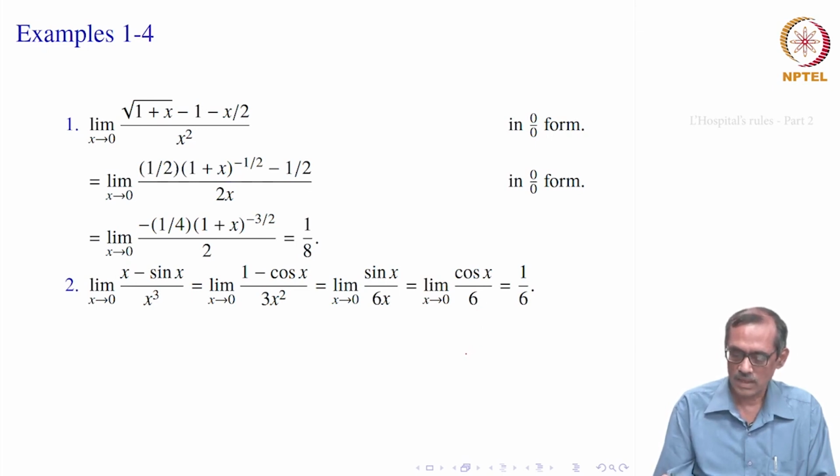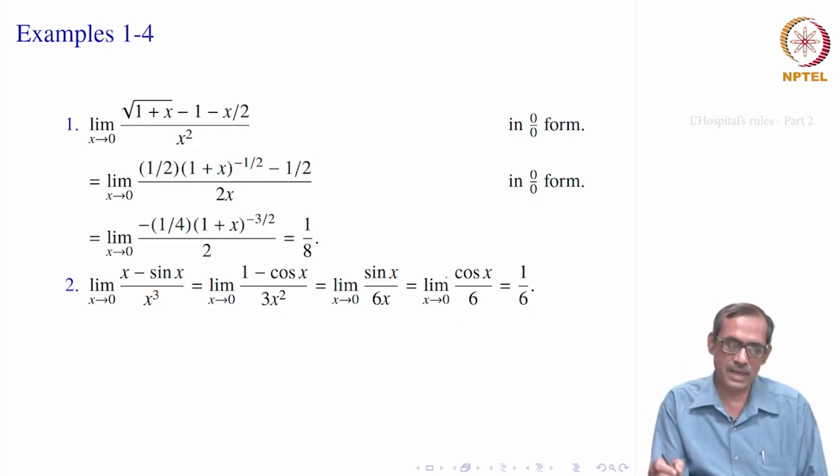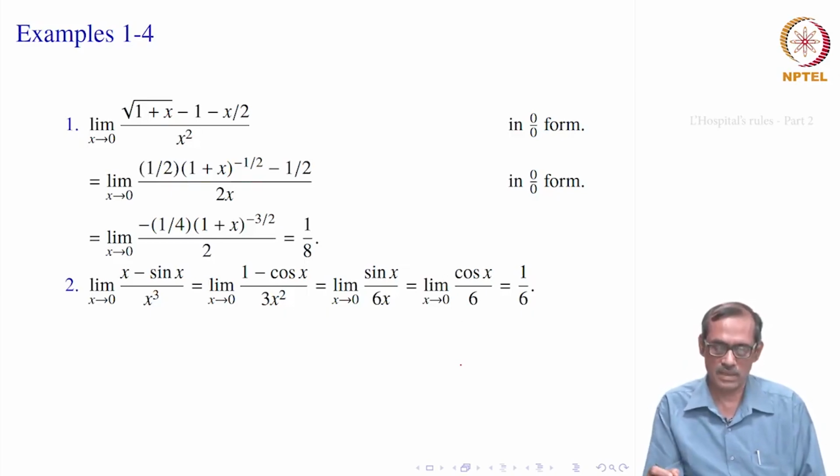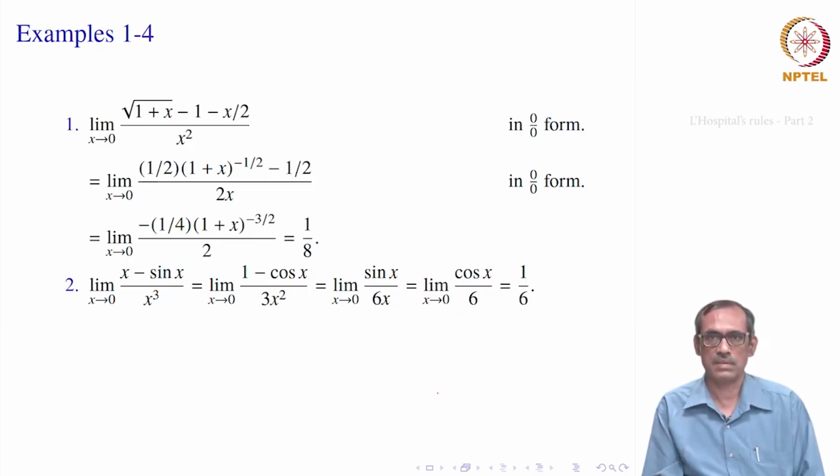However, it is correct, there is nothing wrong, but there is a comment. See, when evaluating sin x by x, what have we done? We differentiate the numerator, that gives cosine x, the denominator gives 1, fine. But there we are really committing some circularity, right, because how do you evaluate the derivative of sin x?